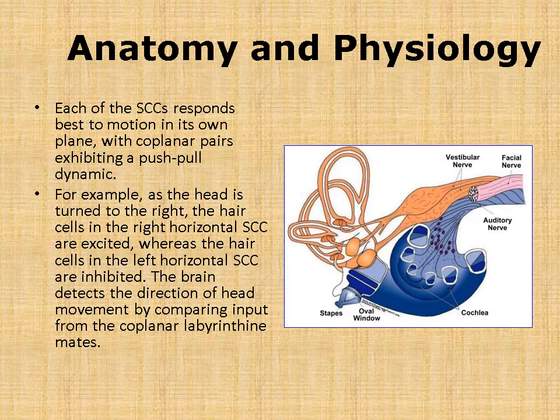In this way, the brain will detect the direction of the head movement, and be able to detect that my head was rotated to the right side, by comparing stimulation on one side and inhibition of the corresponding canal on the other side.